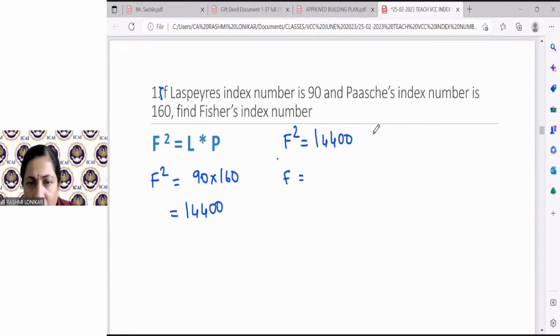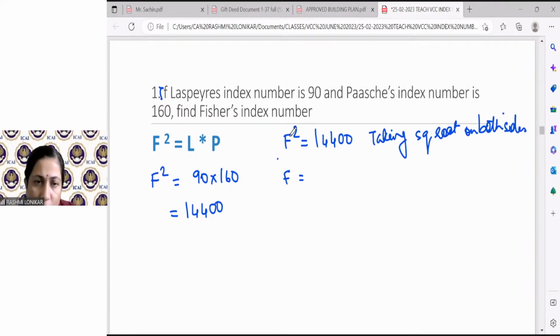Taking the square root on both sides, I get the square root of F square is F, and this becomes the square root of 14400. So what is the square root of 14400?